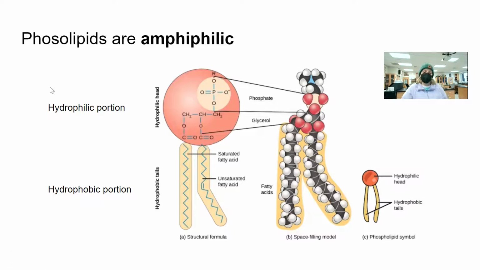So that's one of its lives, being hydrophilic. The other life is being hydrophobic. These fatty acid tails are repelled by water. And you can see it drawn in different ways here.